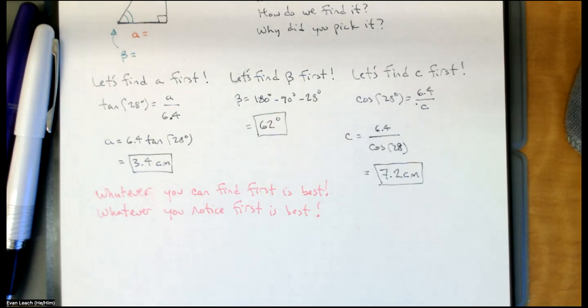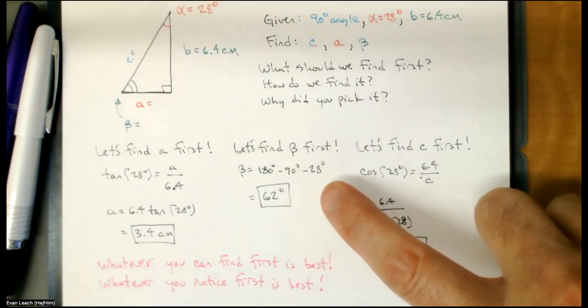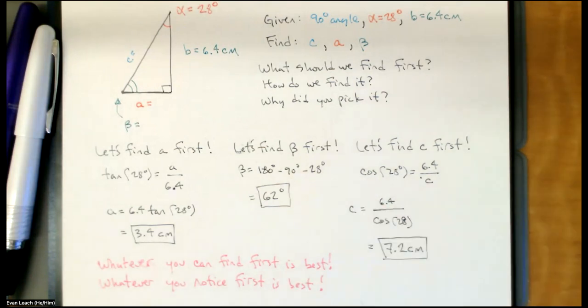To know which angle you're using, you can pick. Let's suppose that we are in the category of finding beta first. Now we've got two angles: I got 28 degrees for alpha, and I got beta at 62 degrees. Which angle we use for the 6.4 depends on how we read the sides we're given.